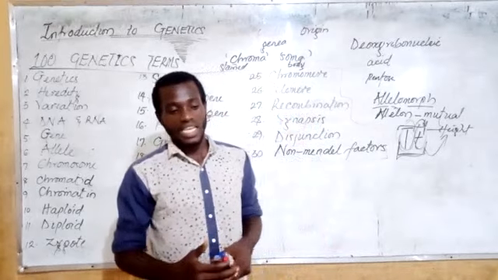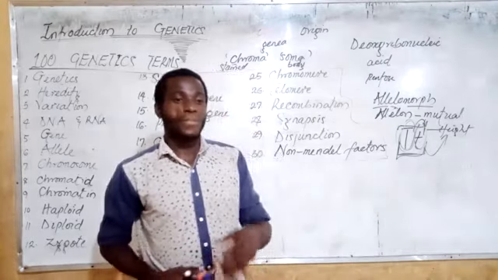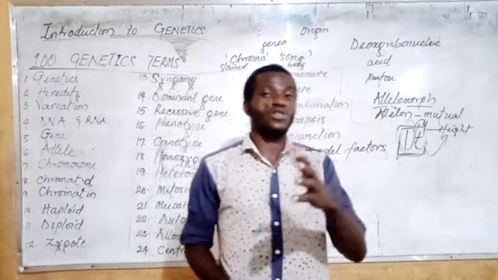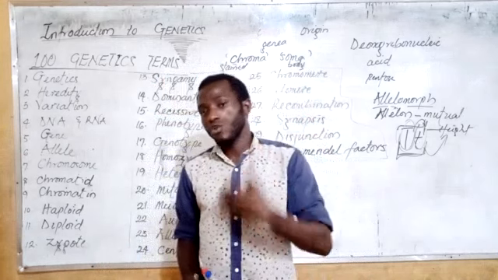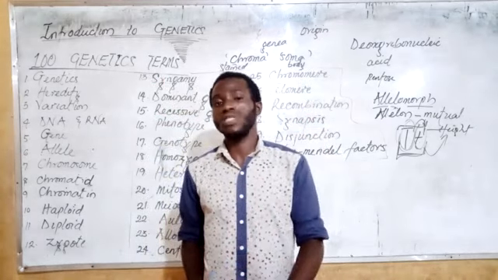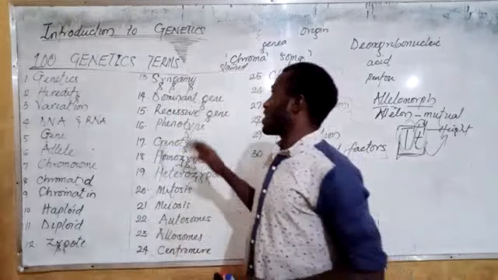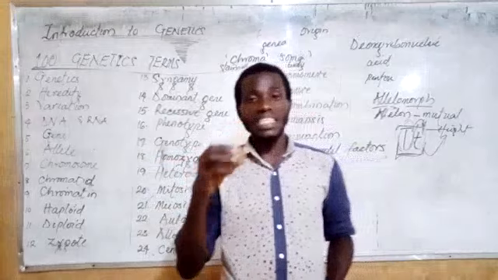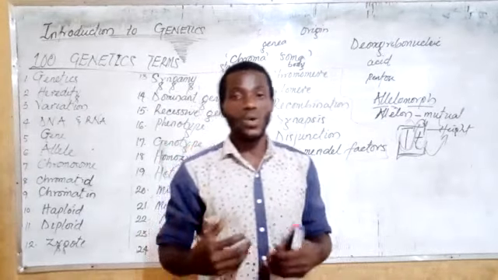If you have gone over the video I made on meiosis, you hear me talk about the fact that chromosomes are more conspicuous during the metaphase stage. During this metaphase stage, they are easily seen even with a light microscope because they are conspicuously stained.